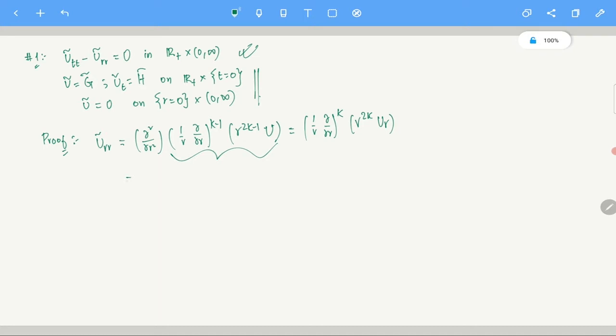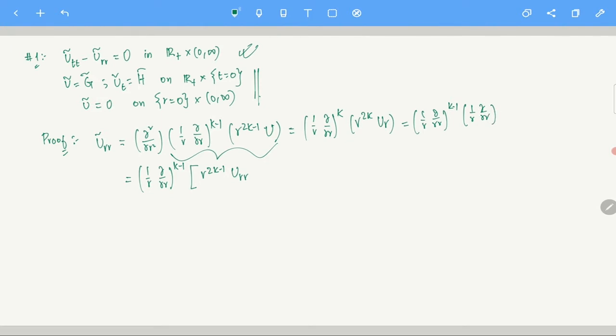Now you see this is 1 by r del r whole power k minus 1, and then you have r power 2k minus 1 and U_rr. I'm just taking the derivative. So this is del r whole power k minus 1 and then 1 by r del r.